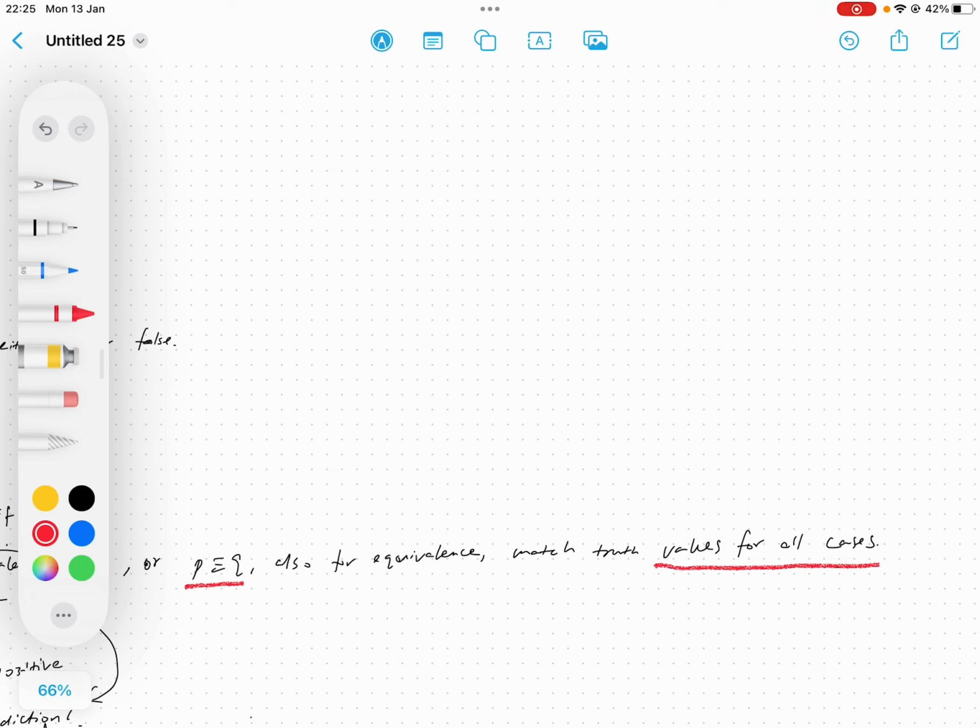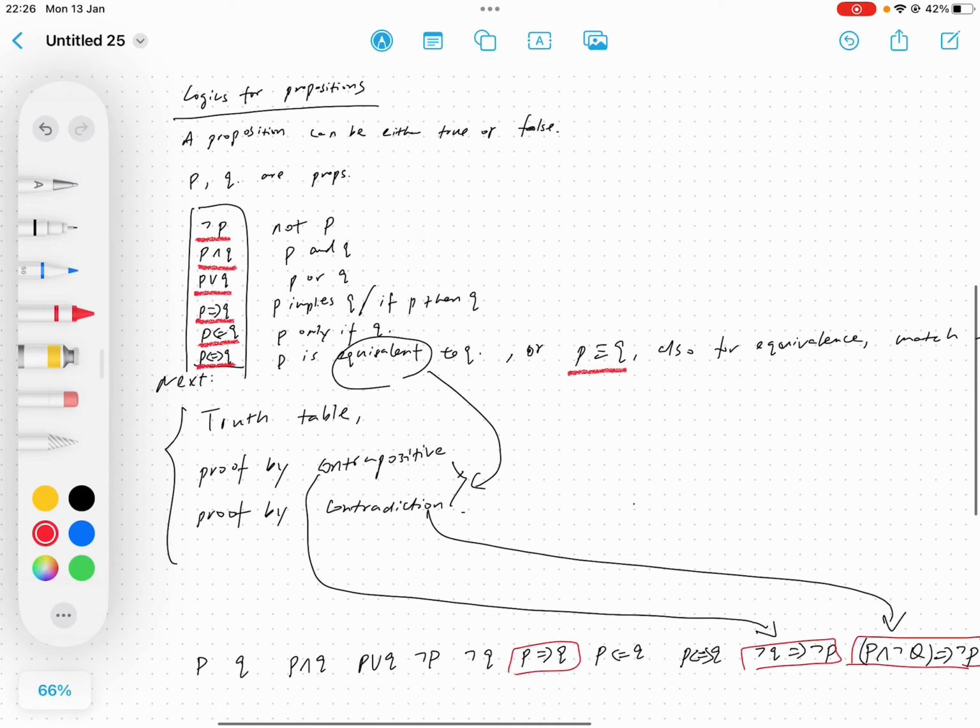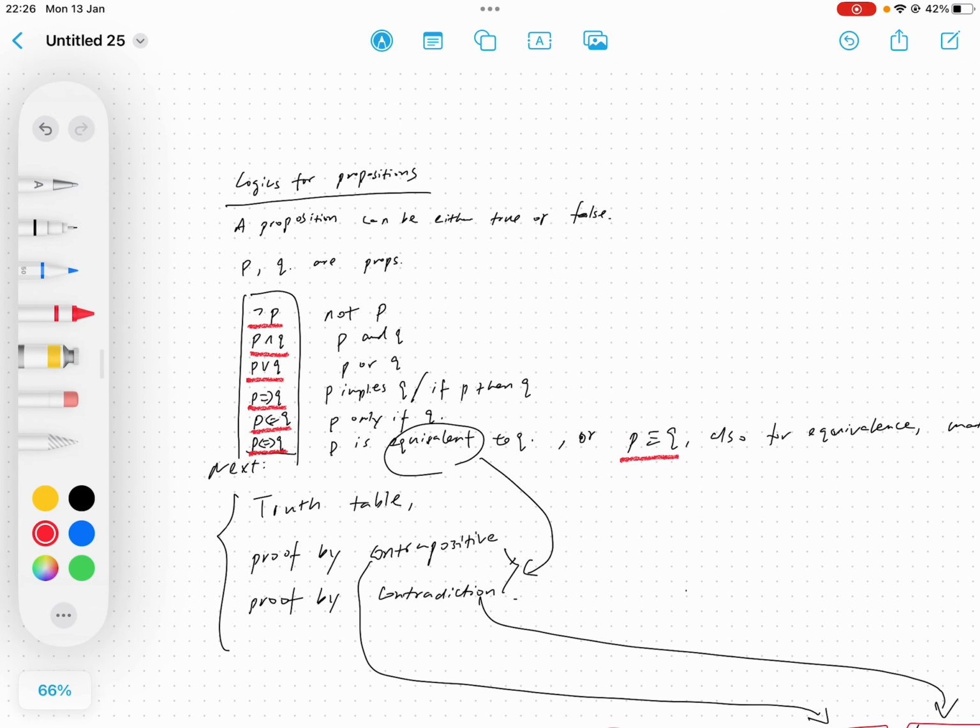And we might have heard a lot of proofs using either contrapositives or contradiction, right? So all of those proof skills are just some special cases of those approaches that we can discover in the truth tables, right?